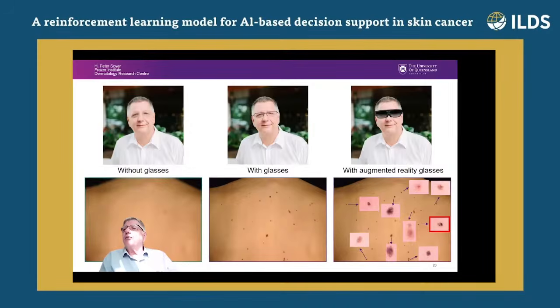But assume these would be augmented reality glasses, then I might automatically get the correct diagnosis within the glasses. And in this case, it would tell me, okay, this is most likely the outlier, the ugly duckling, a high percentage of melanoma, lower percentage of nevus, and would recommend excision of this lesion. This is obviously just to share a little bit how it might work in the future.